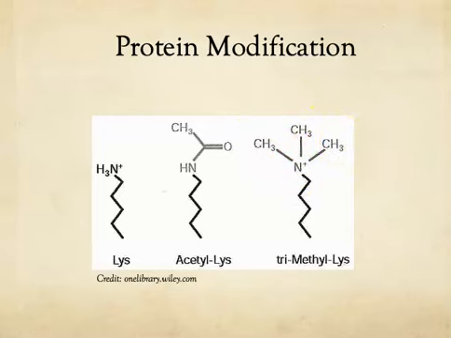So depending on the polypeptide and the eventual protein that's going to be made, cells can modify individual amino acids through the addition of these types of small molecules, chemical modification.